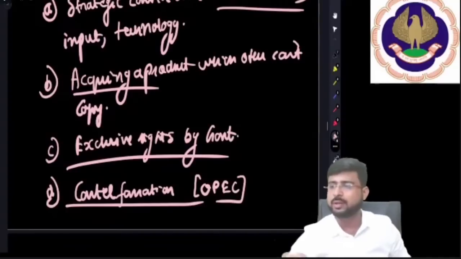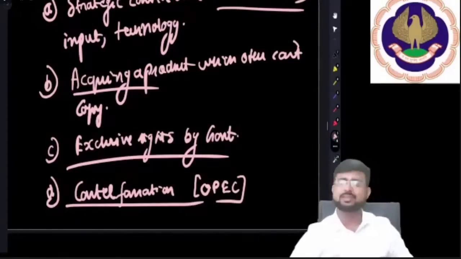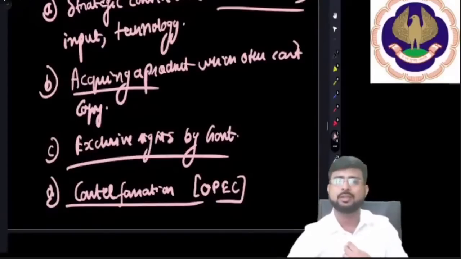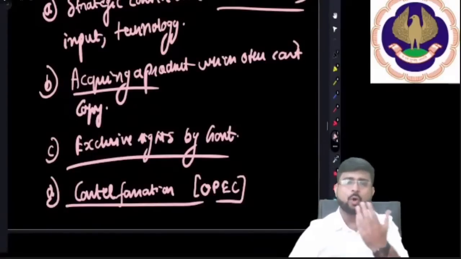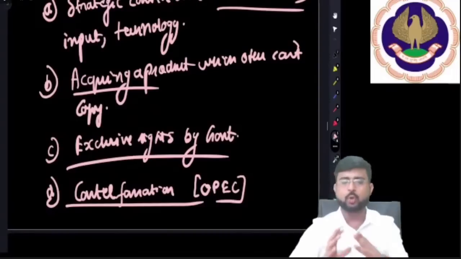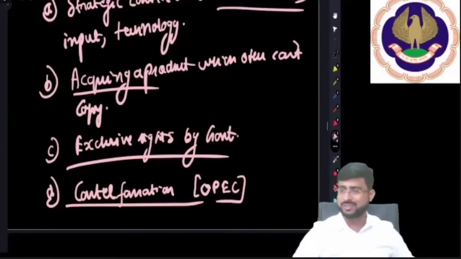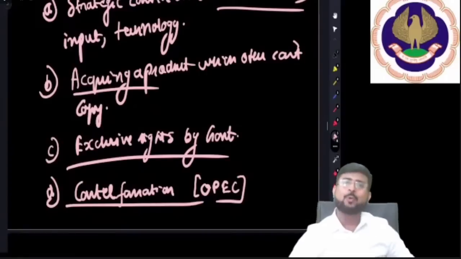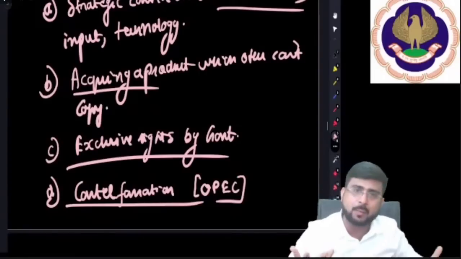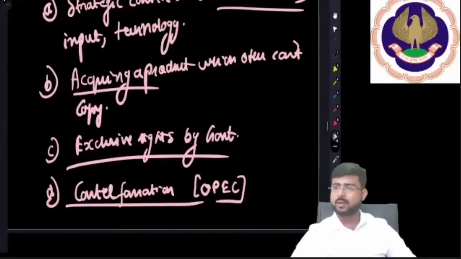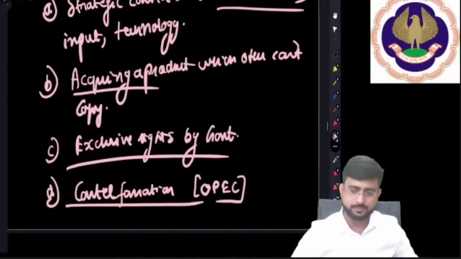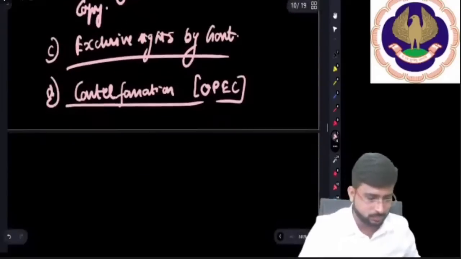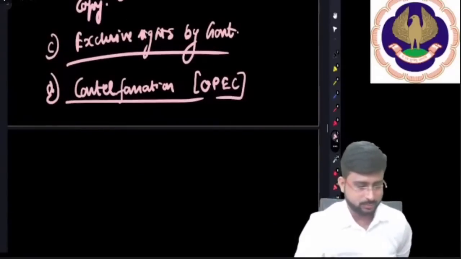OPEC has a few countries, like Kuwait, Iraq, and others, who have a lot of oil reserves. Once they have come together, they have become a monopoly. Got it, sir? Okay, go ahead, sir.